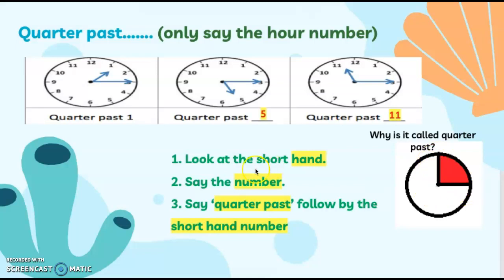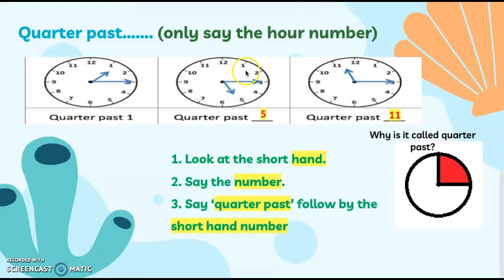So first you look at the short hand. This one, the short hand is at number 1. The long hand struck at number 3, so we say quarter past followed by the short hand number. What is the number at the short hand? Number 1. So we say quarter past 1.